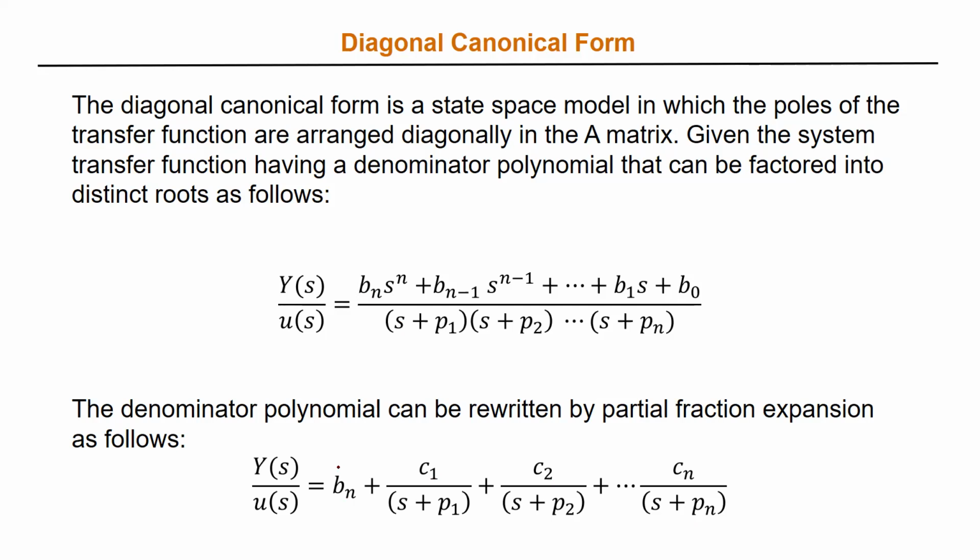Suppose, if you multiply everything by u, this is going to be B2u, this is u, and u. So suppose I want to represent my system. This is the input.